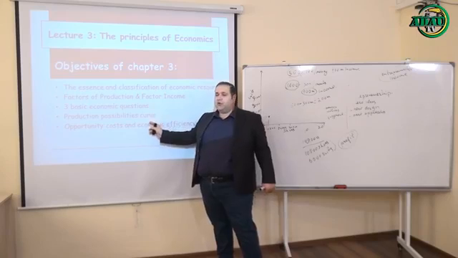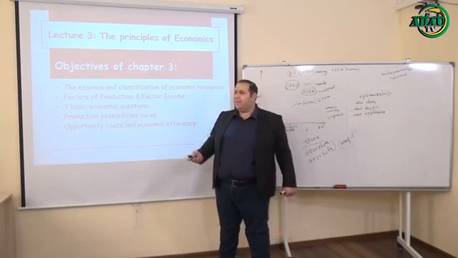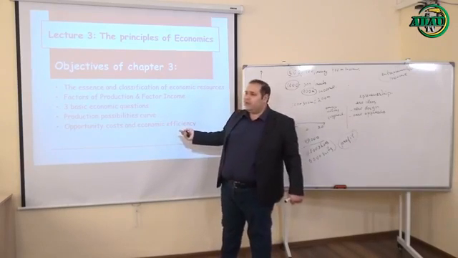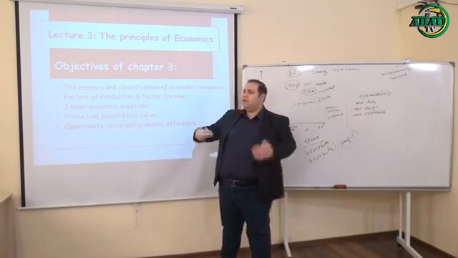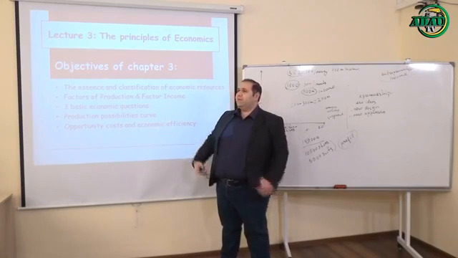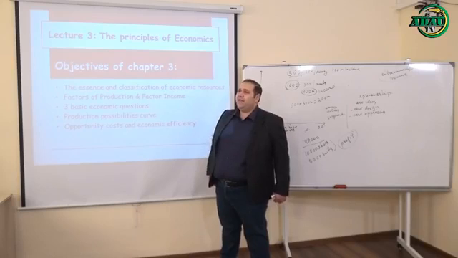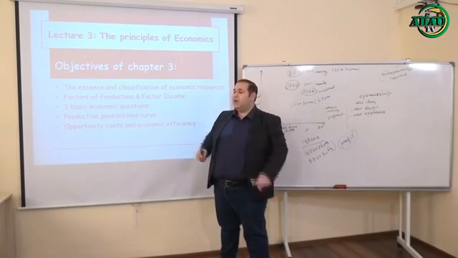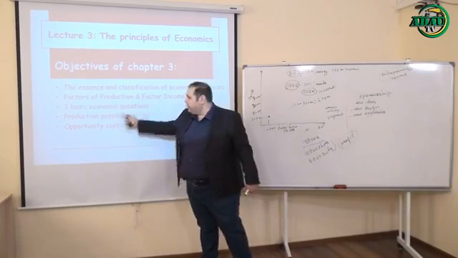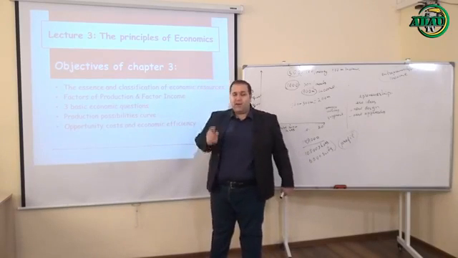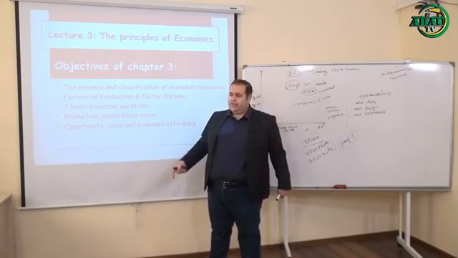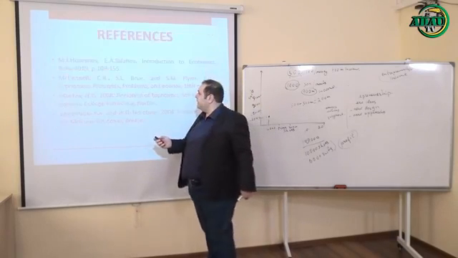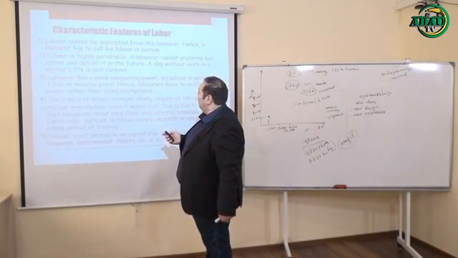Production possibilities curves, why did we explain that? Because you have limited resources and you are going to produce products. So you need to identify which products you will produce, and you need to distribute your limited resources among all possible points. Let me show it in the graph.